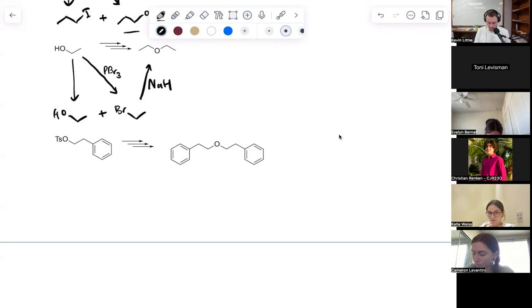Well, let's look at this reaction. If I gave you this on a test, what would we expect the product to be? We have a base, we have what looks to be a nucleophile, we have what looks to be a primary alkyl halide, right?